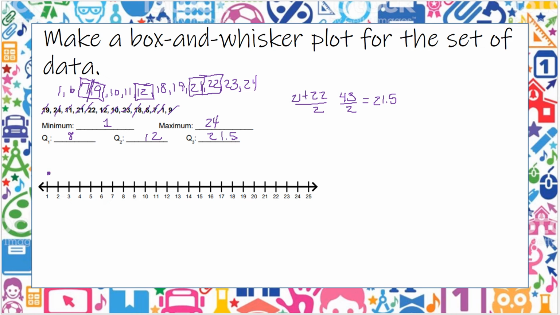Got a dot at 1, a dot at 24, lower quartile at 8, median at 12, and then quartile 3 at 21.5. Sorry, hopefully on your paper these boxes look a little bit better. And your whiskers. So that is what your box and whisker plot is going to look like for that set of data.